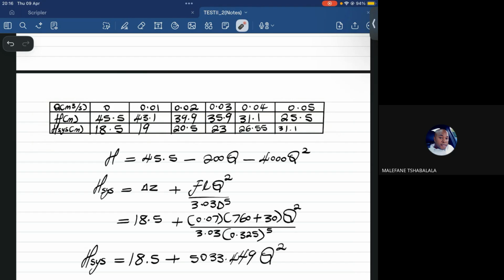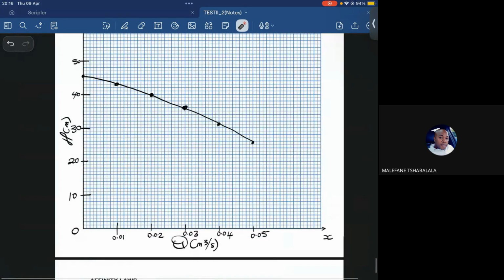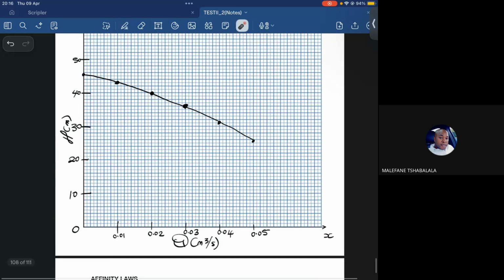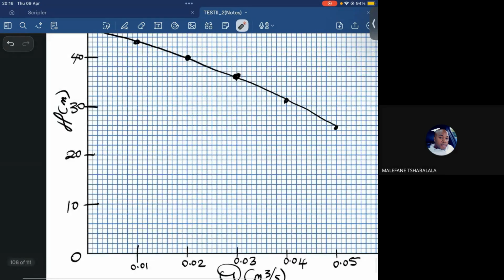So our first x and y coordinates will be 0 and 18.5. The volumetric flow rate is 0 and the system head is 18.5.